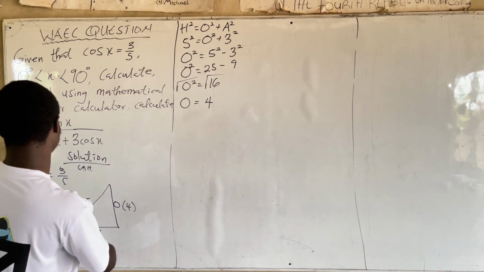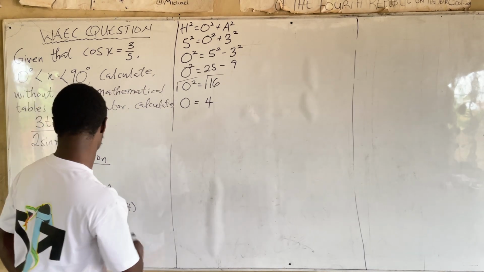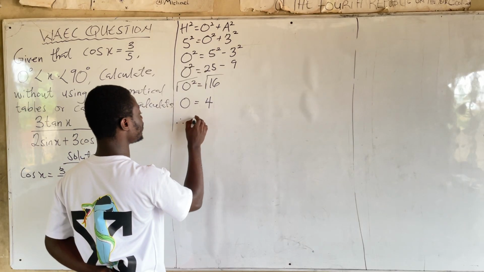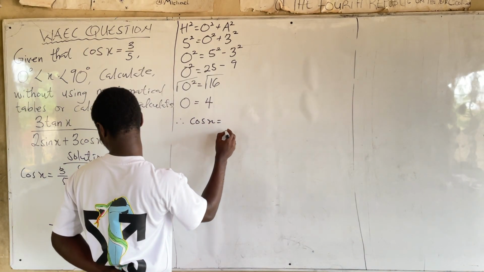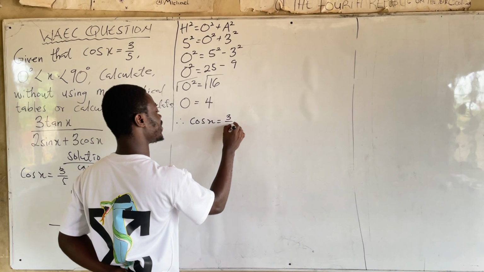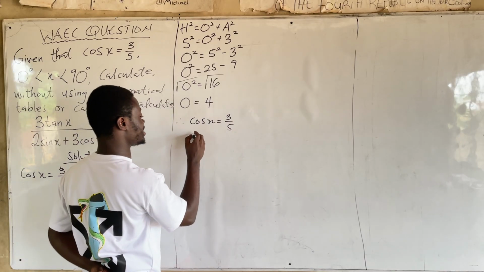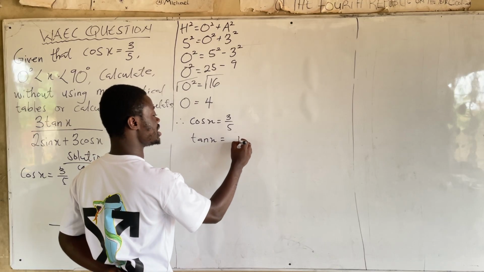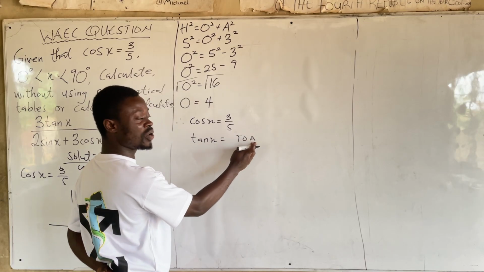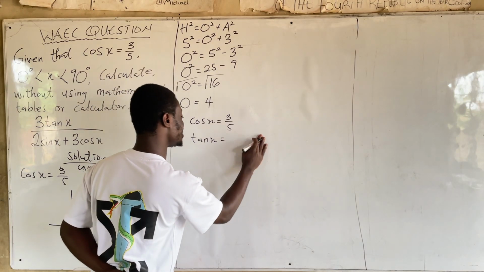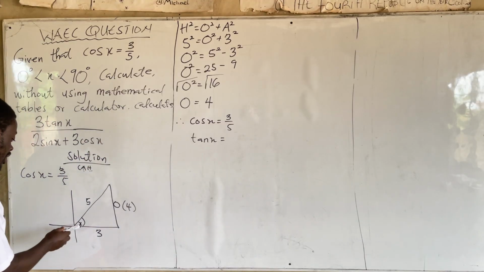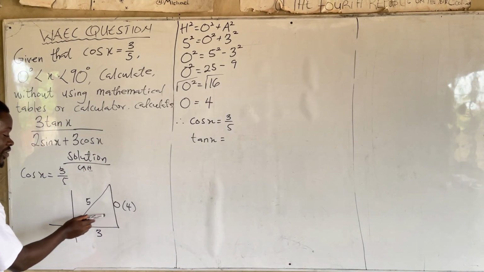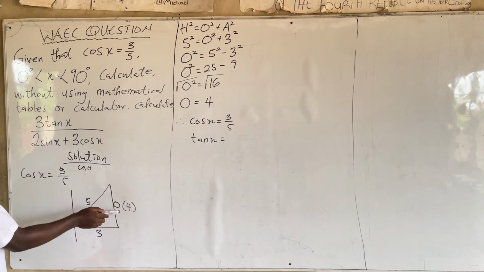So now let's find tan x and sin x. From the question, cos x equals 3 out of 5. And what about tan x? Tan x is equal to opposite over adjacent. Here, the opposite is where the angle is facing, the one we just solved.